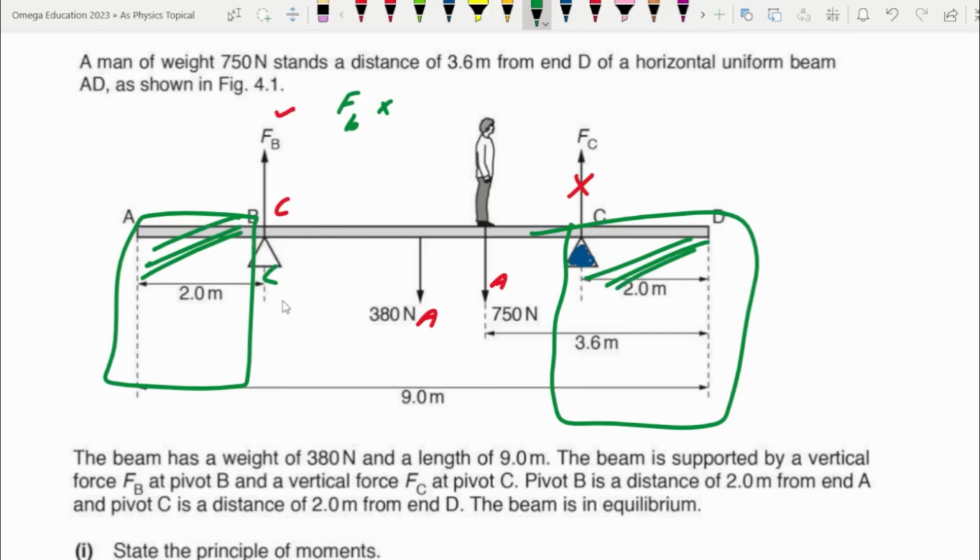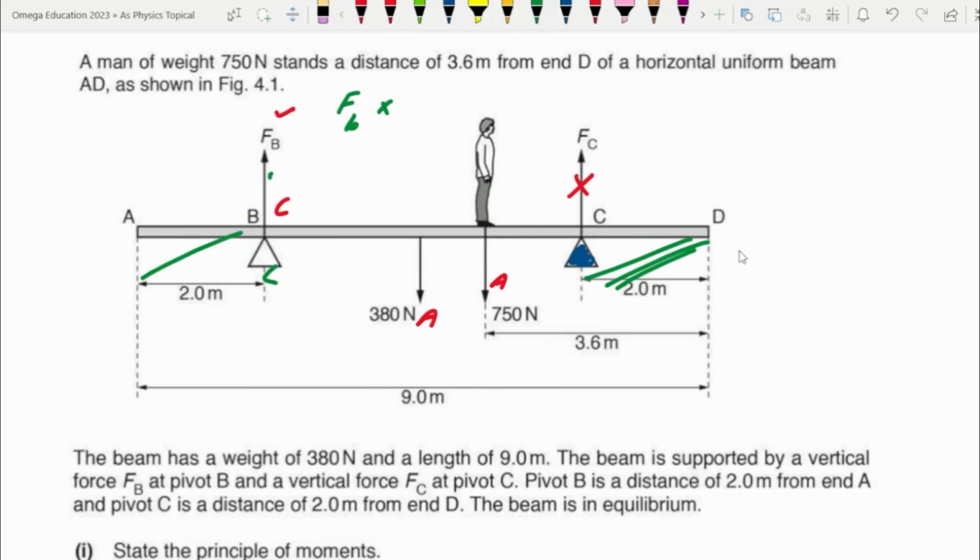So you'll be left with the distance of the force FB from the pivot up till here. 9 minus 4, you'll be left with 5. So FB times 5.